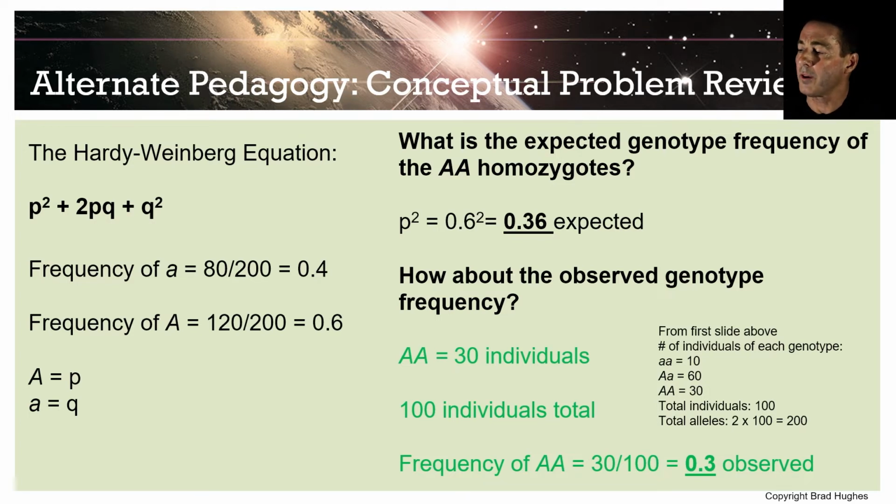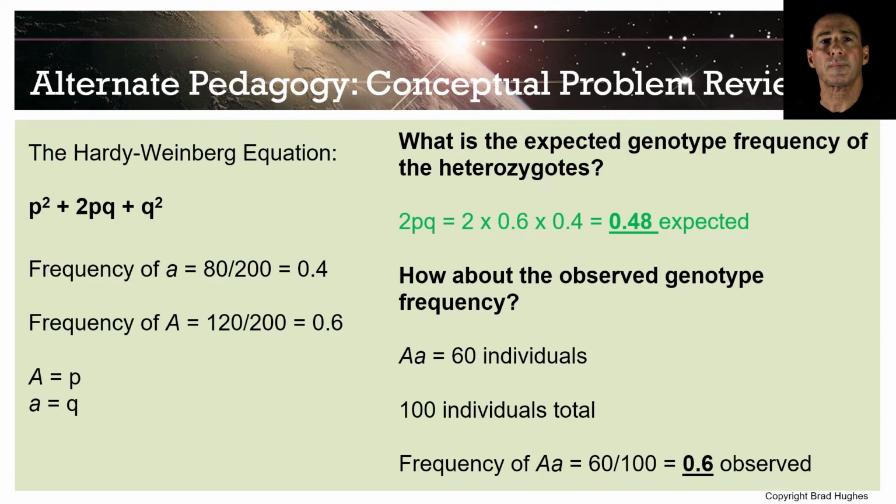If Hardy-Weinberg equilibrium were occurring, we'd expect a frequency of 0.36 homozygote big A individuals. But we found that a frequency of only 0.3 big A individuals was observed, fewer homozygotes than expected.